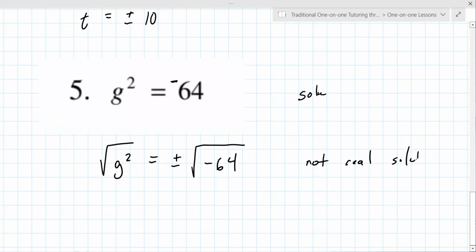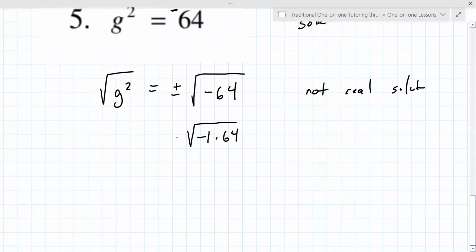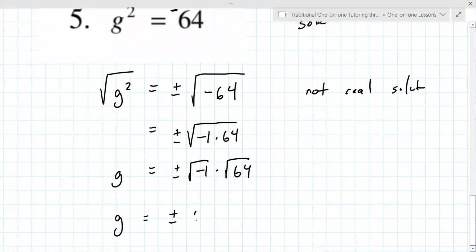Because there's going to be an i in it, because this is the square root of negative 1 times 64. And plus or minus, still plus or minus the square root of negative 1 times the square root of 64. So your answer is now plus or minus i, because i is the square root of negative 1. The square root of 64 is 8.